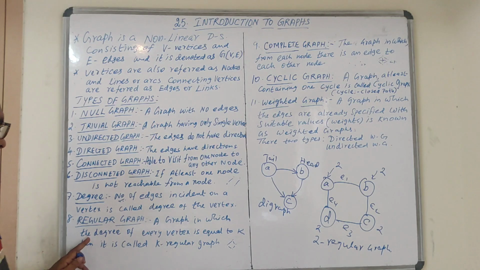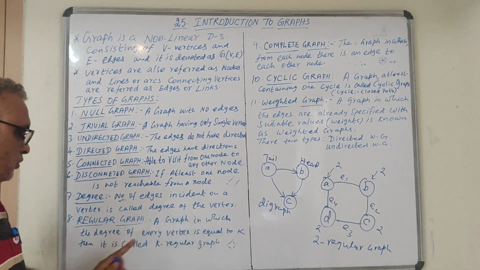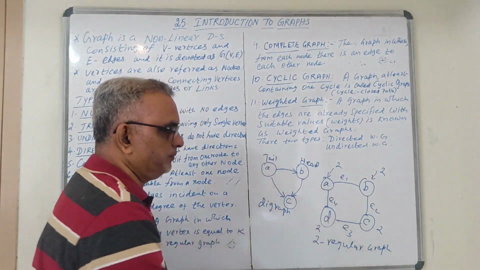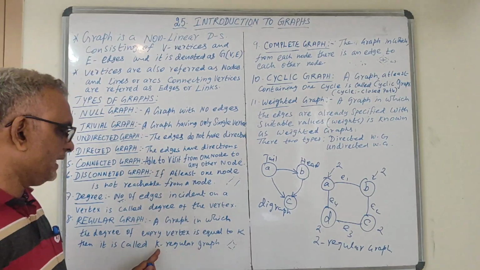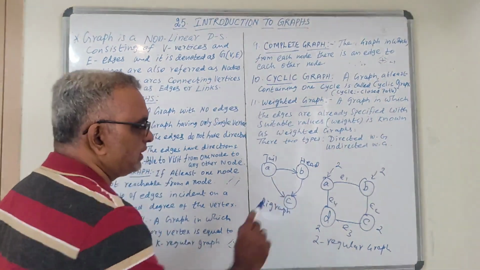A graph in which the degree of every vertex is the same is called a k-regular graph.